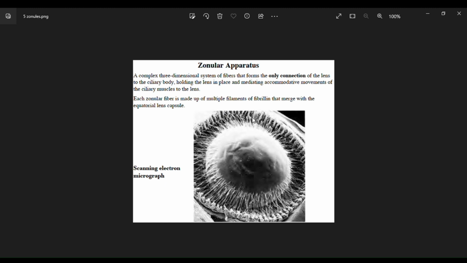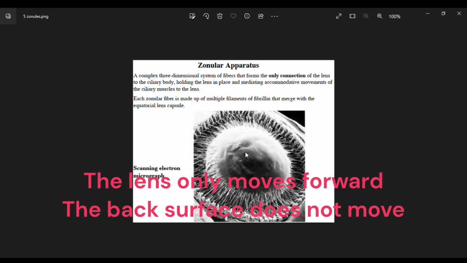And so when the muscle contracts, the fiber loosens, which allows this lens, which is suspended here otherwise, to protrude back, to sort of fall into its natural shape, which is a more curved state, more round, like a sphere.